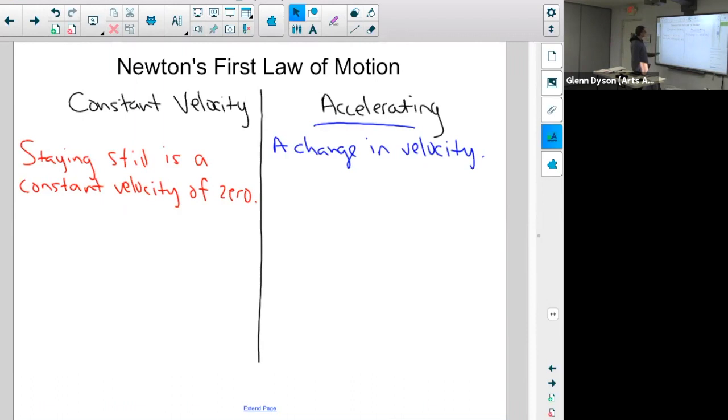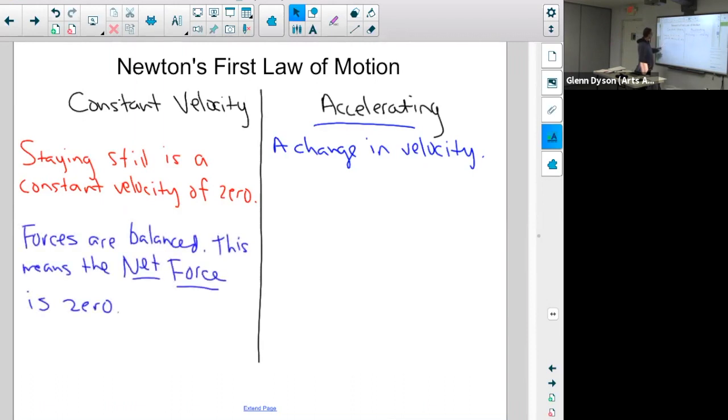But constant velocity, we talked about, and we said that what it means is that the forces are balanced. See, for something to be moving at a constant velocity, the forces acting on it have to be balanced. And we talked about that when we were talking about free body diagrams, right?